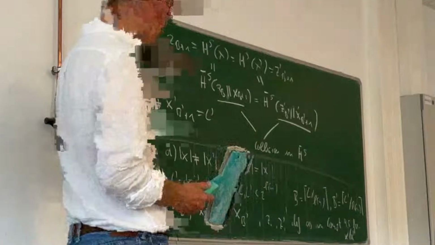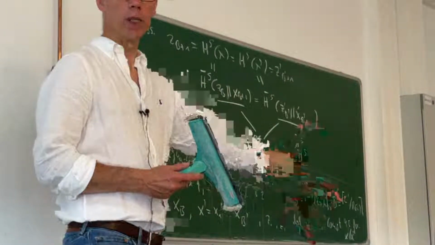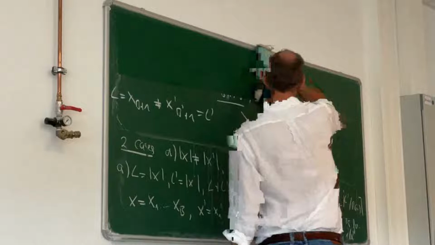Can I erase everything? Actually, I keep this notation here with L prime, B prime, and B. But now I know that B prime is B in this case. Okay, so let's do that.